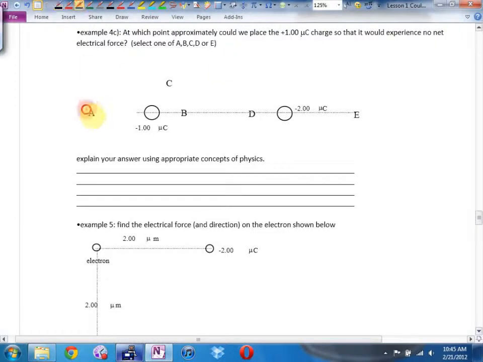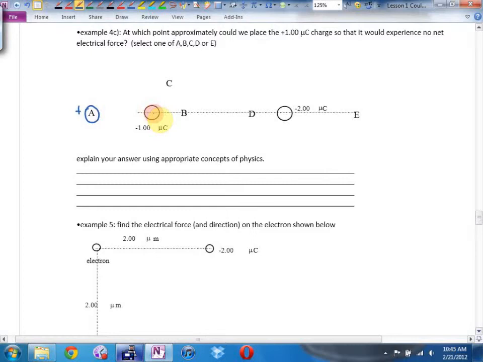Suppose we put it right here. Don't write this down, just watch. Suppose we put a positive charge right there. Which way would it feel a force from this charge? What direction? Can I stop saying positive or negative and just say like or unlike, or simply attract or repel?